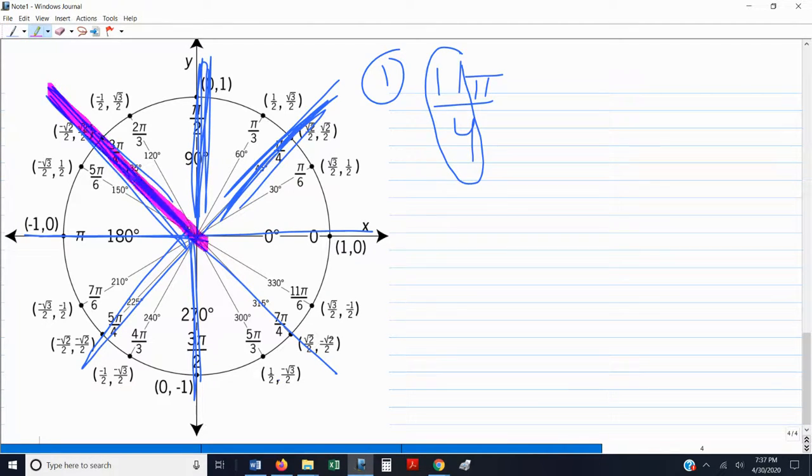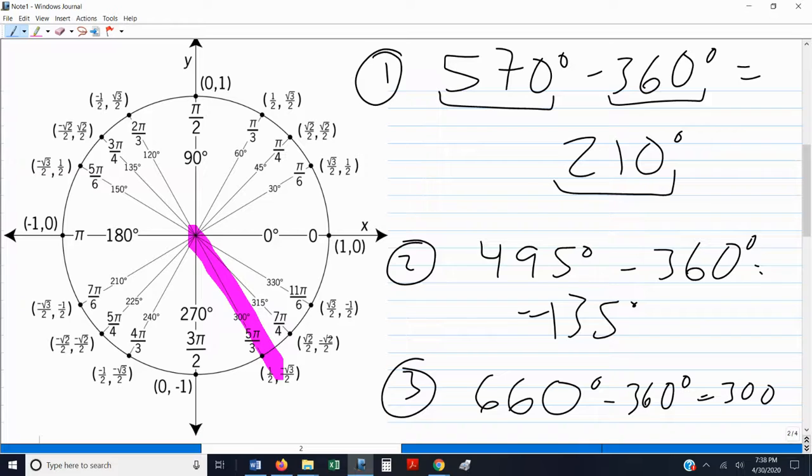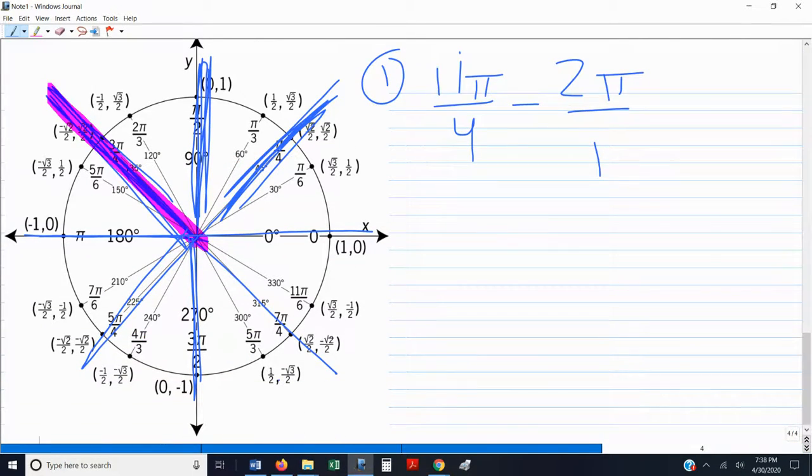So here's where I'm ending up. That's 11 pi over 4, but it's more than one revolution around the unit circle, so you could also subtract 2 pi. In the examples we did before, we subtracted 360, right, to find the coterminal angle. Same thing here, we're just in radians, that's all. So we're subtracting 2 pi instead of 360 degrees.